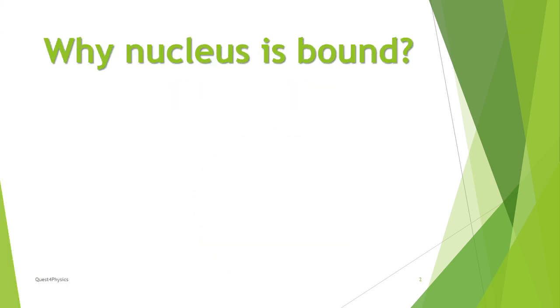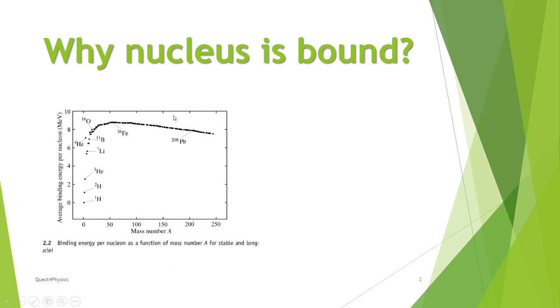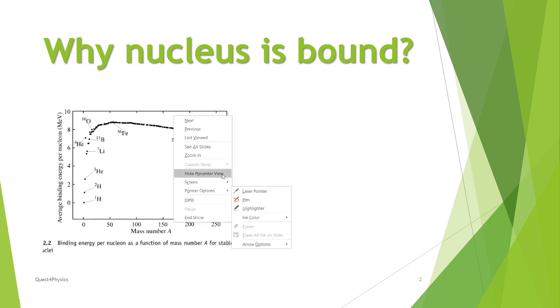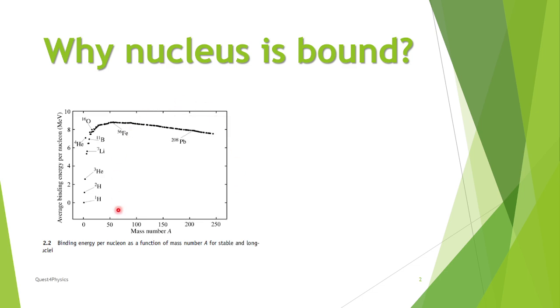So let's start. The first question is, why is a nucleus bound? We will find the answer here. As you can see, this diagram shows binding energy per nucleon plotted against the mass number. Here, if we look at the light nuclei, binding energy increases rapidly with increase in mass number.